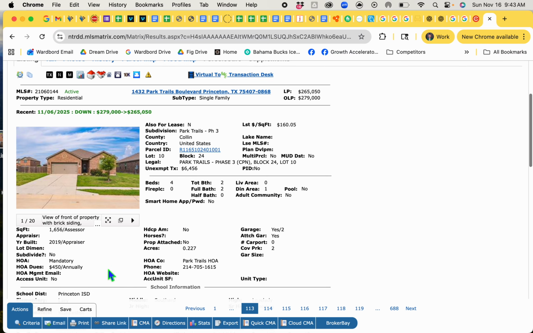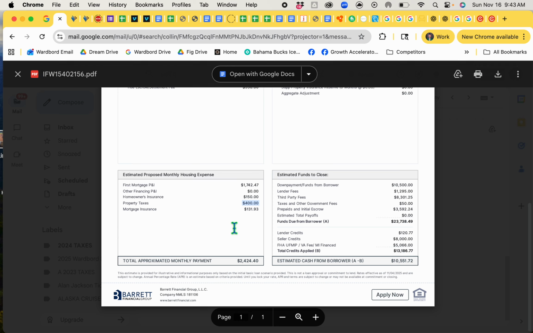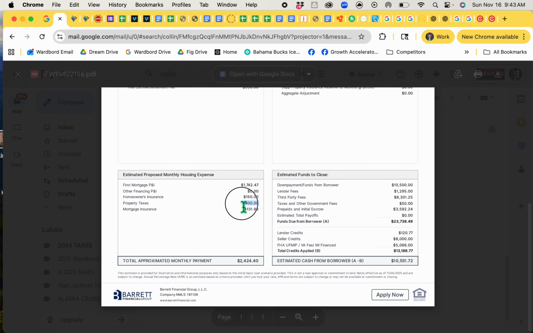That's a pretty generic number. The taxes on this house that we're looking at are $6,456 for the year. So you take 6,456 and divide that by 12, and that's $538. Now go back here and change that number to 538.